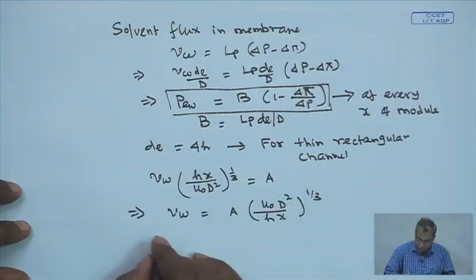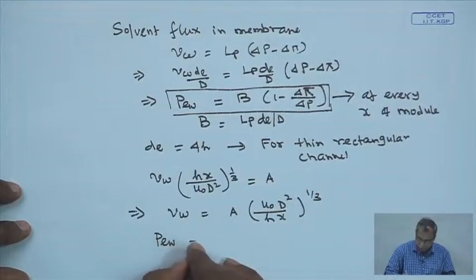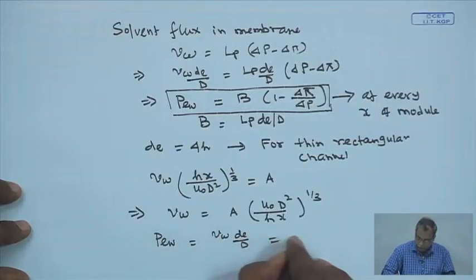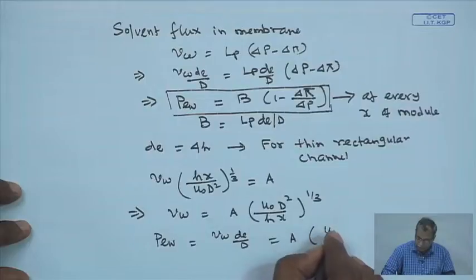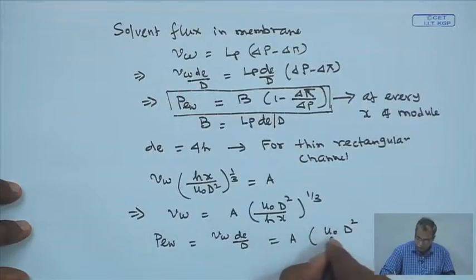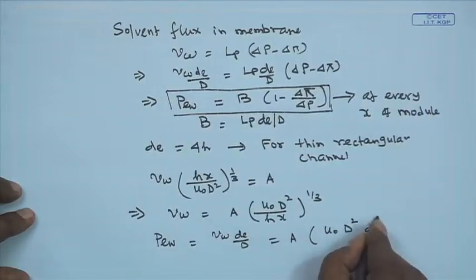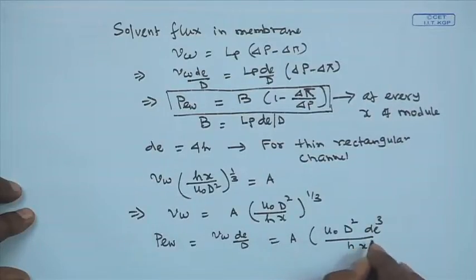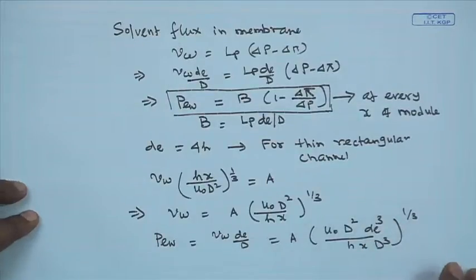Make it non-dimensional, so this becomes Pw is Vw d by D, which is A u0 D squared d cube and Hx, to the power 1 upon 3.